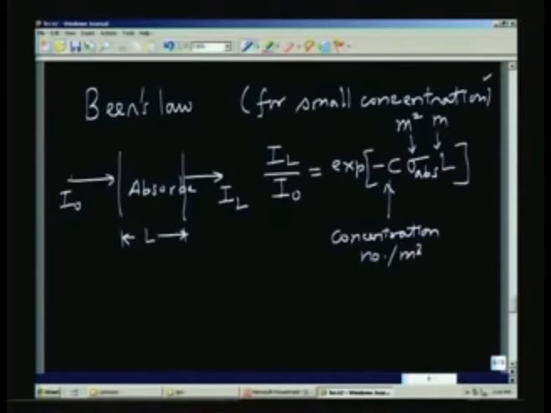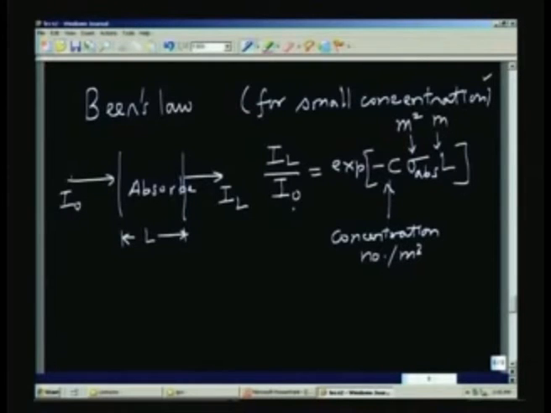So, let us look at what is going to happen to the light passing through the medium. L is the thickness or extent of the medium. The incident radiation is I naught at a particular wavelength of interest to us, and what is leaving this absorber is IL, the intensity as it leaves the layer of medium, which may or may not absorb depending on the frequency of the radiation.